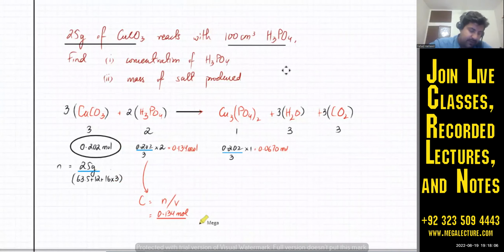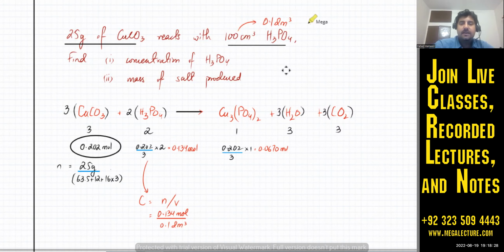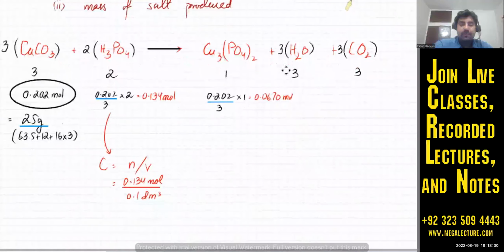So 0.134 divided by 100 cm cube. 100 cm cube is 0.1 dm cube. Remember, the volume is going to be taken in decimeter cube, that's what we discussed last time. So that's 0.1 decimeter cube, the volume in dm cube.